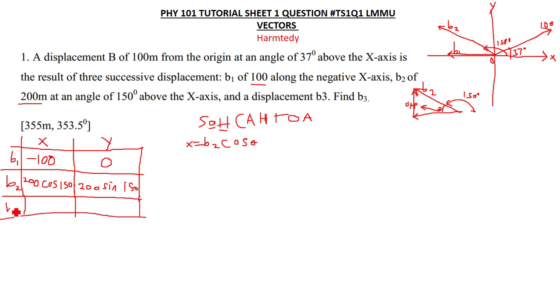So we'll just write our B3 there, and instead of writing numbers which have not been given, we'll just say the x component for B3 is B3 cos theta. We don't know our theta. And in the y component we'll just write B3 sine theta.